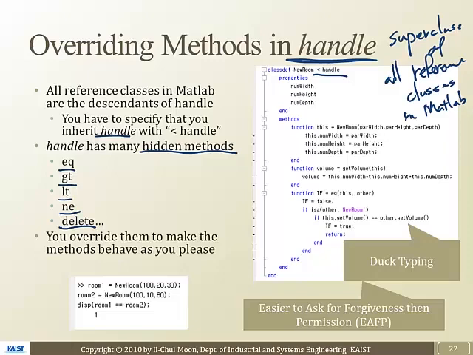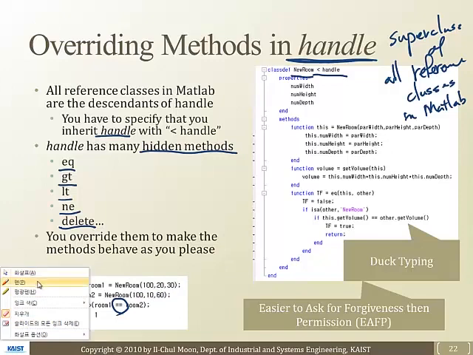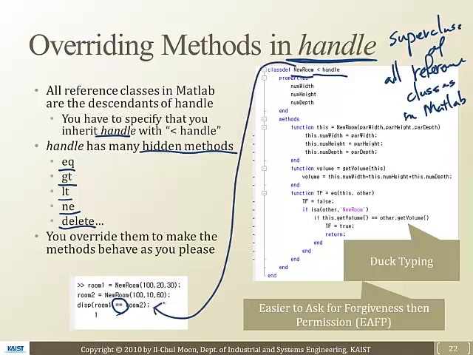If you have this handle inheritance, you can use your class to check equality, like this. This is possible because your new room, rather I would like to erase it and come back with a pen. This equality check is possible because it inherits the handle class.